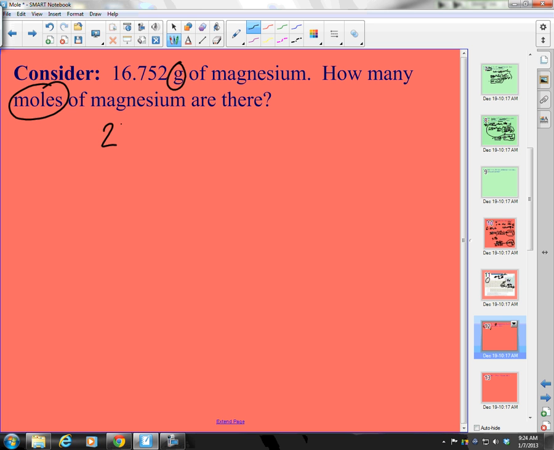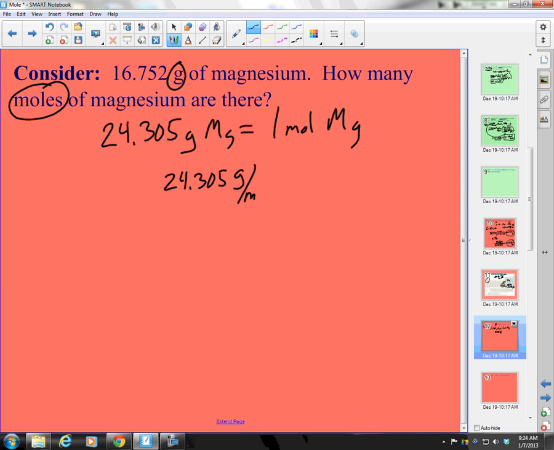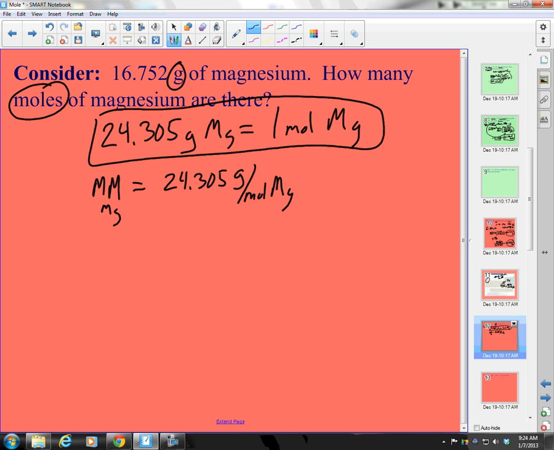So I have 24.305 grams of magnesium equal 1 mole of magnesium. Or you could have thought of it as 24.305 grams per mole of magnesium, right? Either way, this is my molar mass of magnesium. This is the equality, and I'm going to turn that equality in a second into a fraction, right?